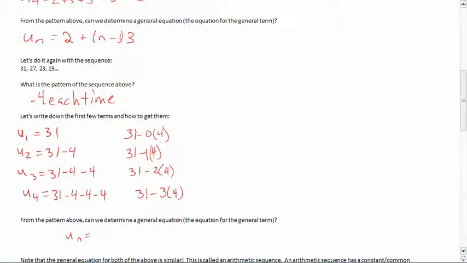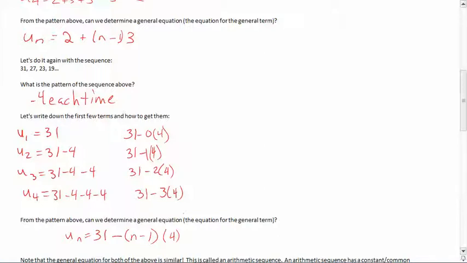So again, we see the same thing where this number right here is the term number minus 1. So un equals 31, which is our starting term, and then minus n minus 1 times 4.